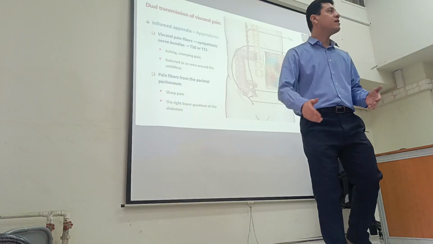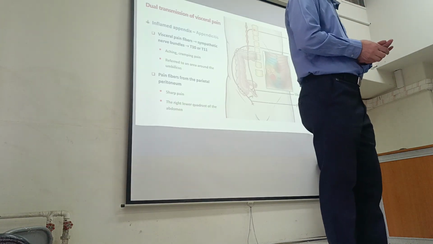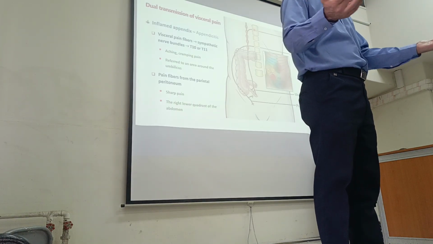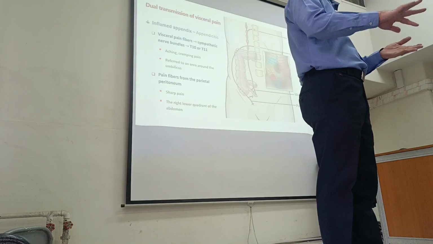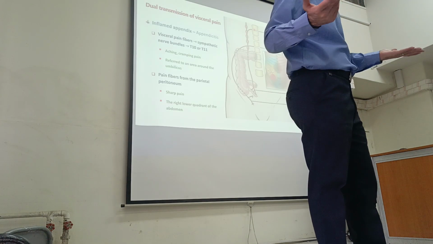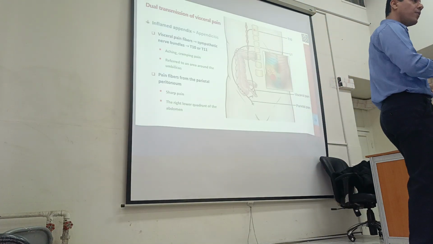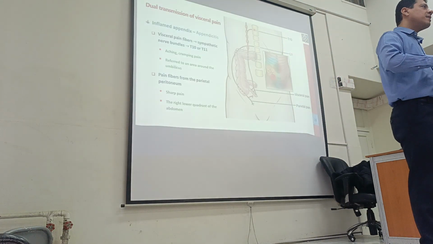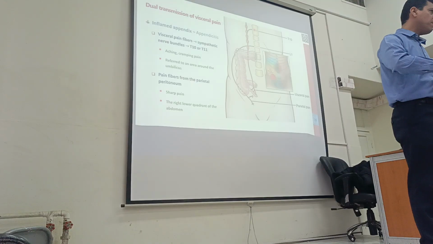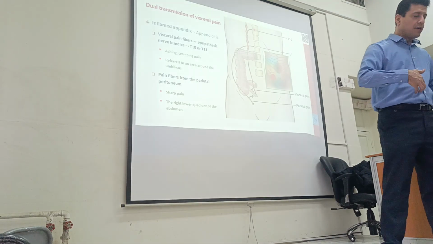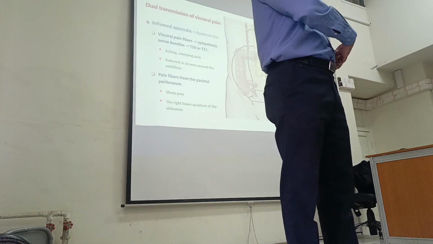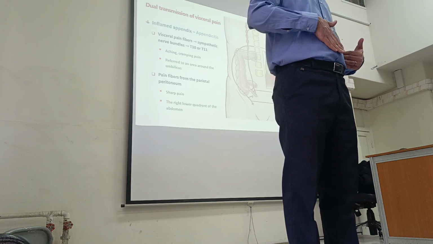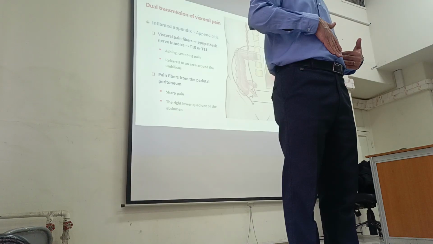But this pain is visceral, right? Visceral pain is not felt at the origin. It is felt in a remote area in the skin, referred pain. Where is it referred? In an area around the navel, right? So the patient feels both sharp pain here and dull pain here, right?